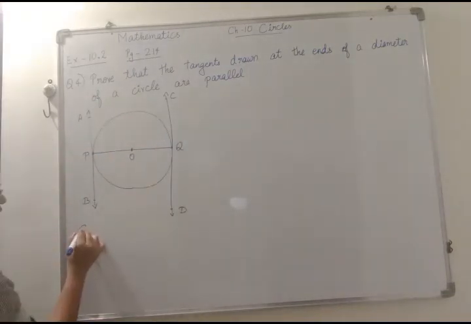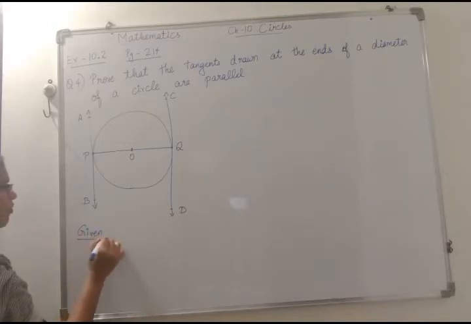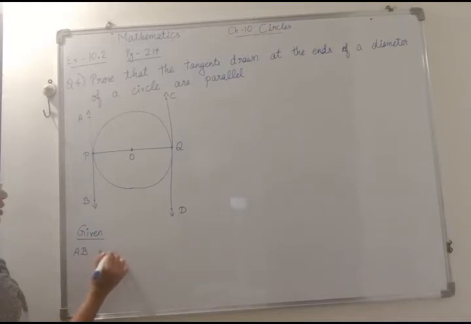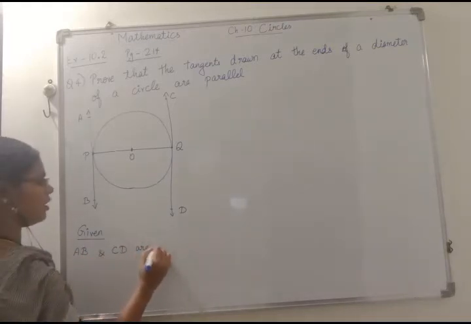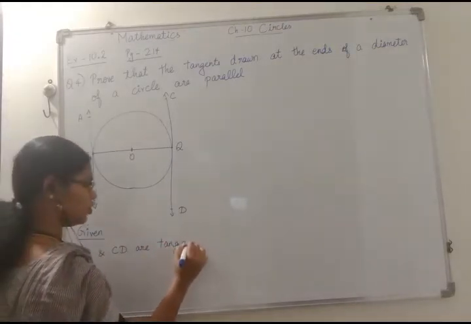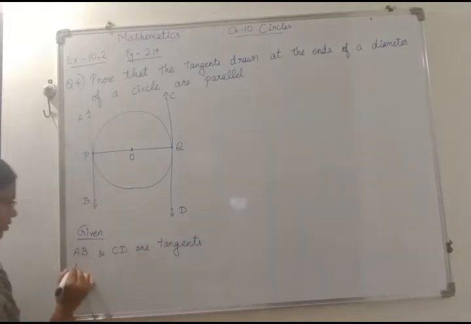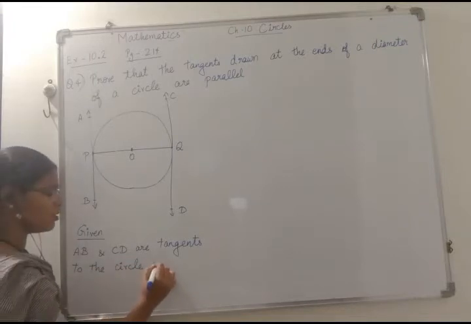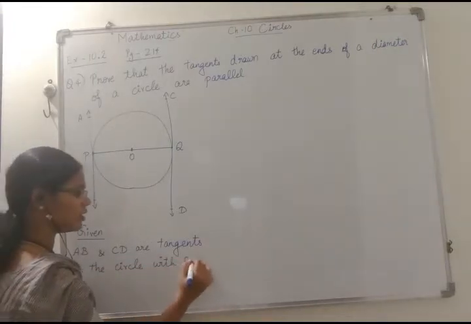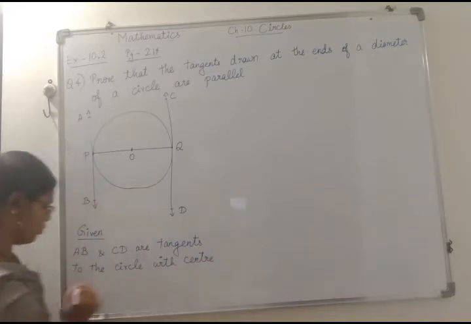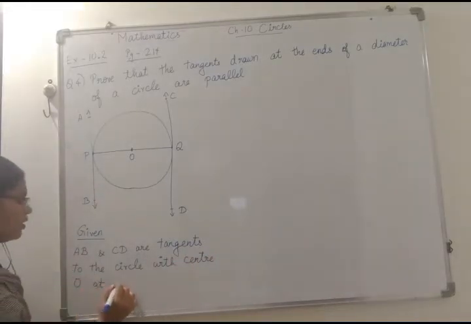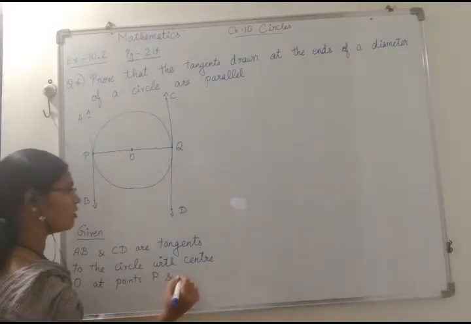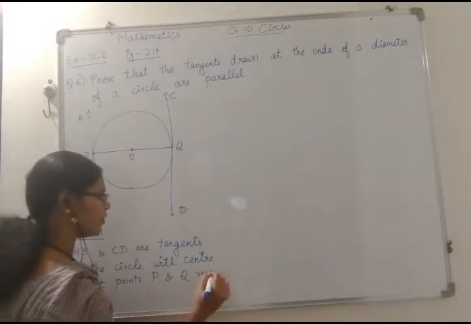So, given: AB and CD are tangents to the circle with center O at points P and Q respectively.